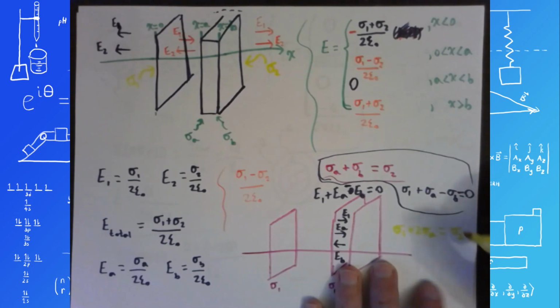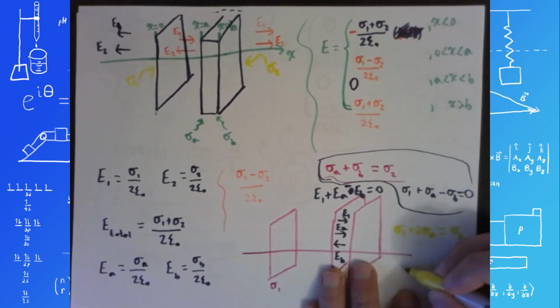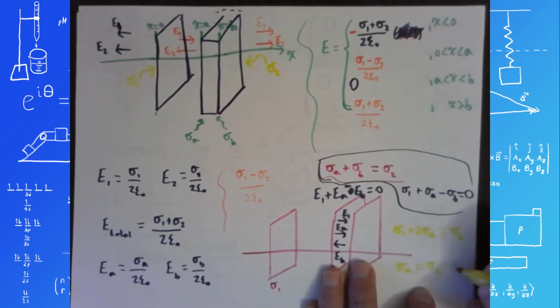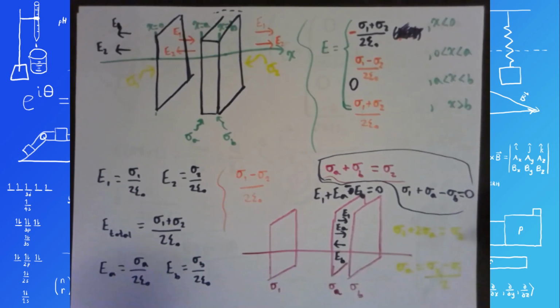Subtract sigma 1 and divide by 2, and I get sigma A is equal to sigma 2 minus sigma 1 all over 2.